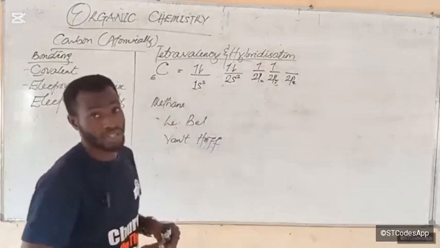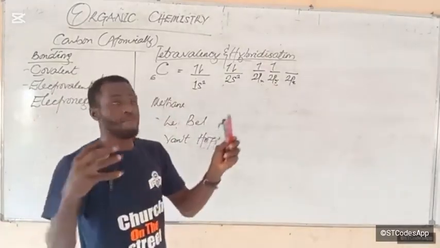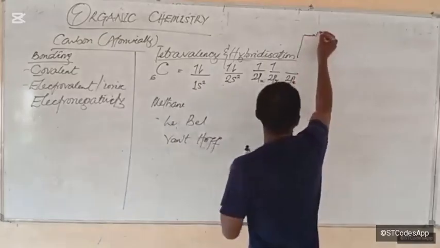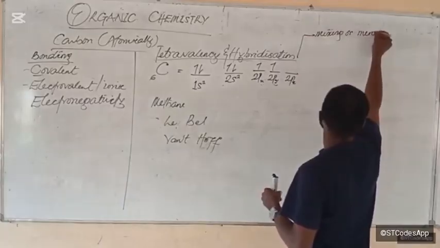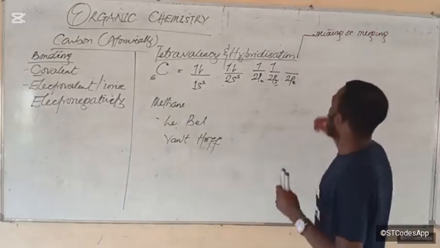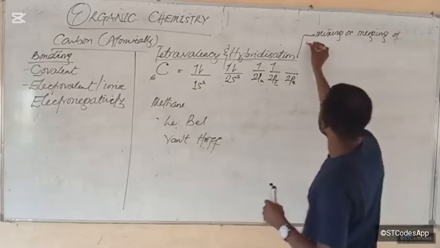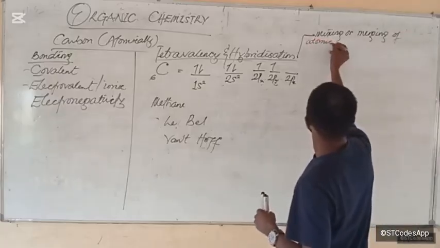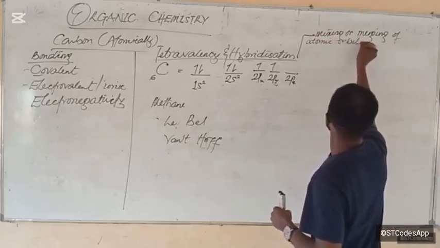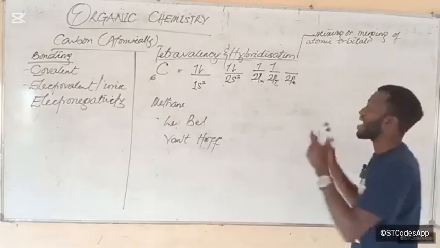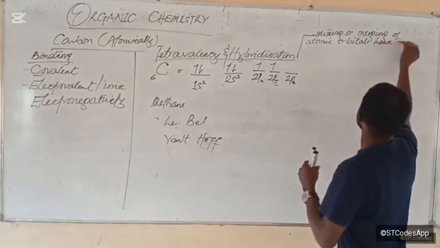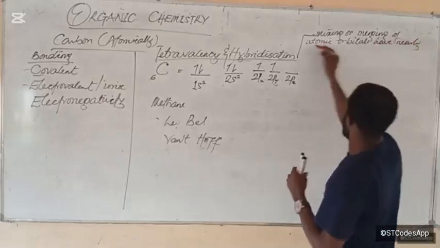Now, what is hybridization? Hybridization is simply a mixing or a merging of atomic orbitals that have nearly equal energy.